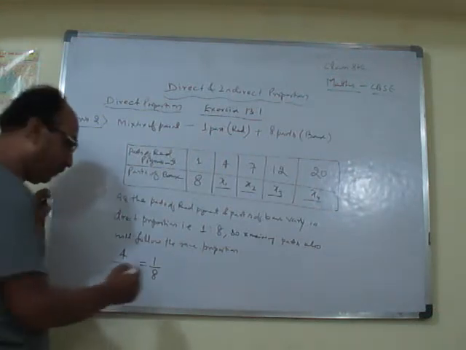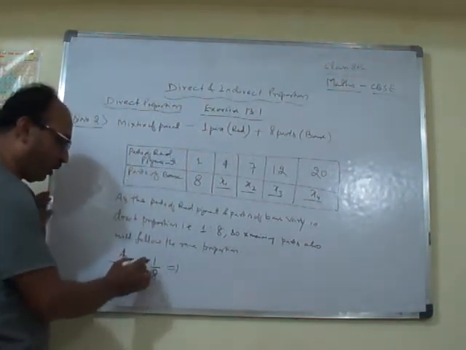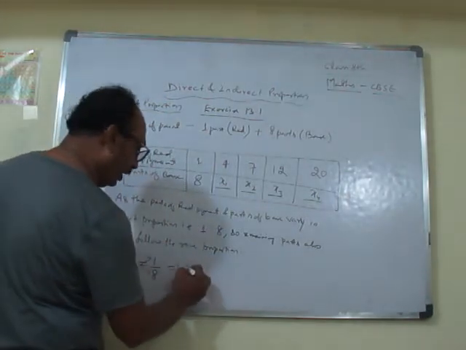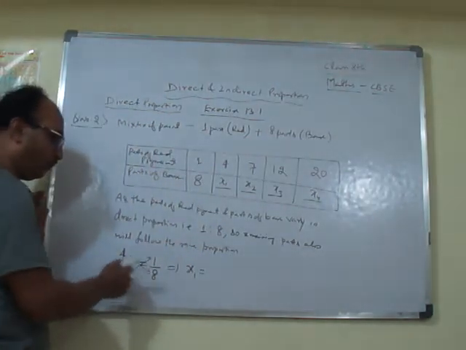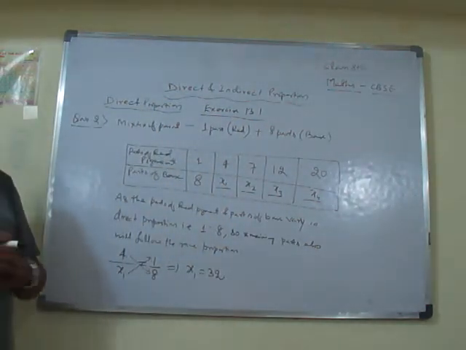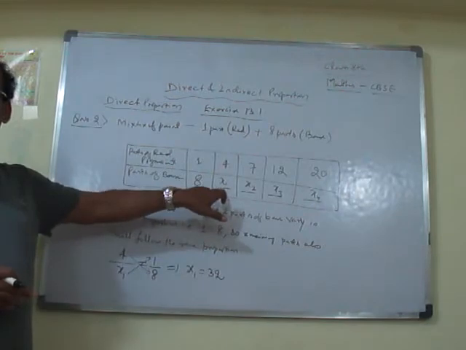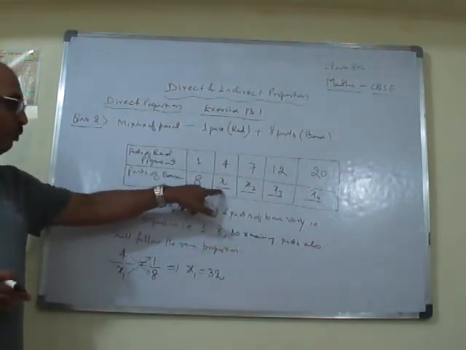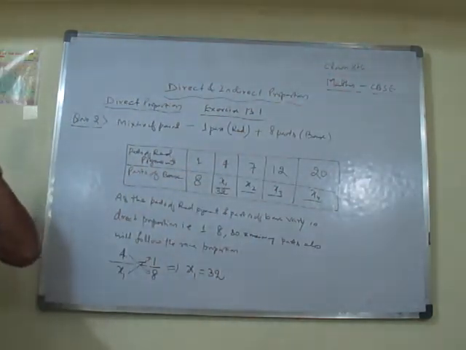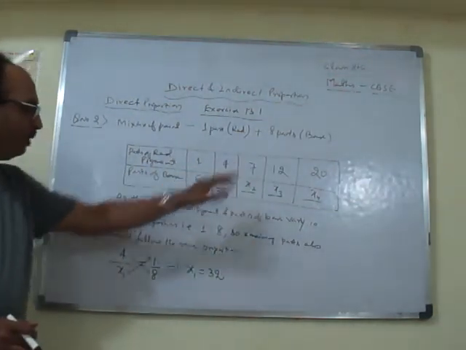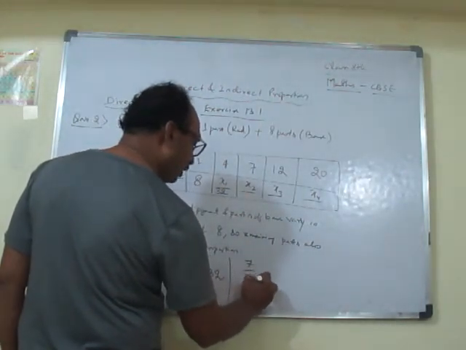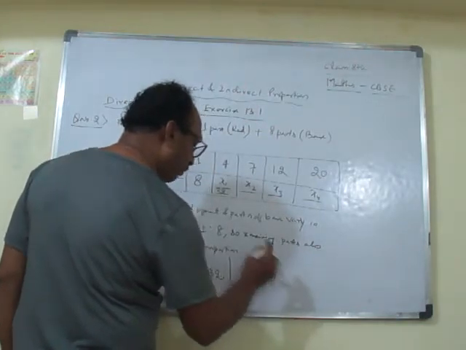Now from here, when you go for cross multiplication, x1 into 1 becomes x1, and 8 into 4 becomes 32. So 32 parts of base will be here, x1 becomes 32. Similarly, 7 by x2 should also give you 1 by 8.